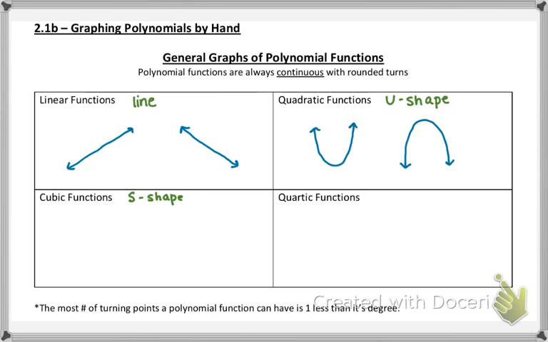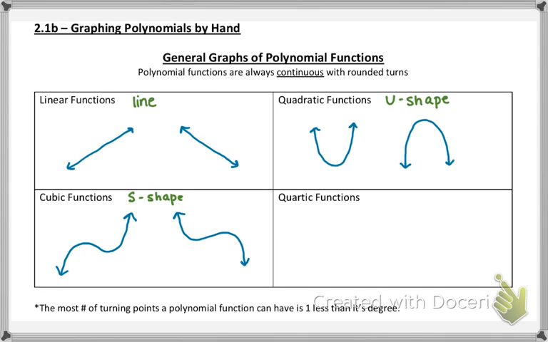And you could have a cubic that goes like this, or a cubic that goes like this. And if you can guess whether it goes up from left to right or whether it goes down from left to right, that is also determined by the leading coefficient, whether that's positive or negative, just like the line.